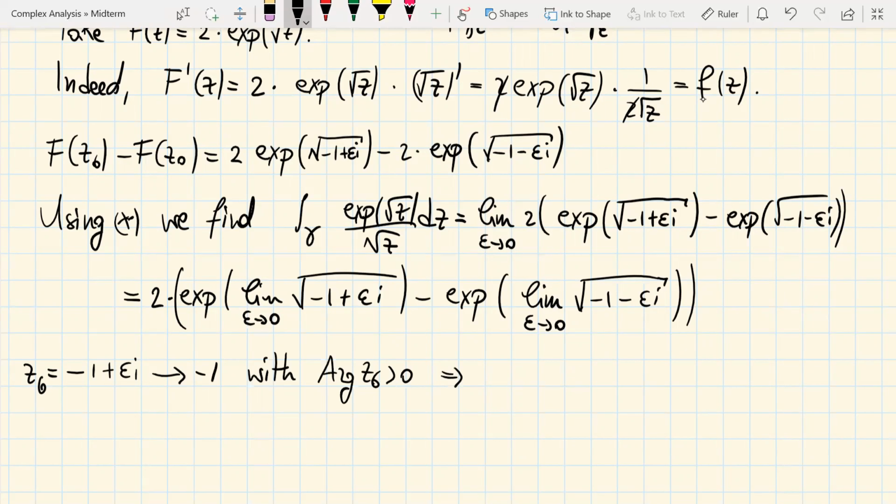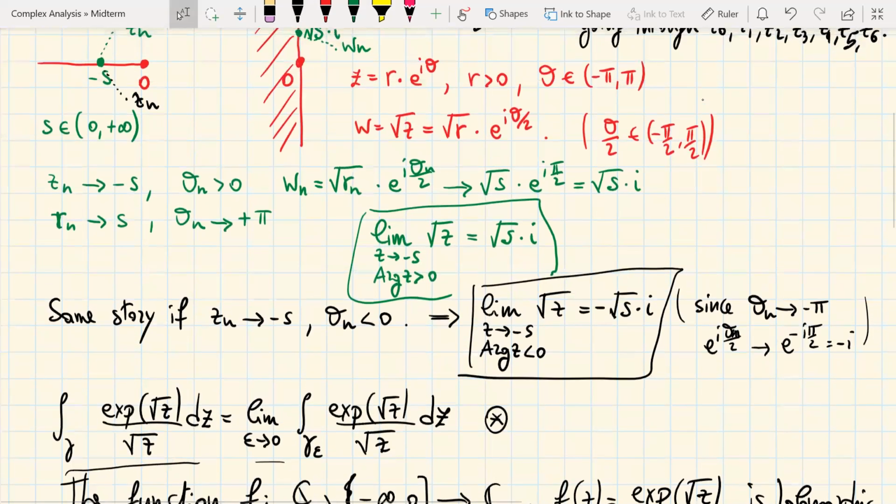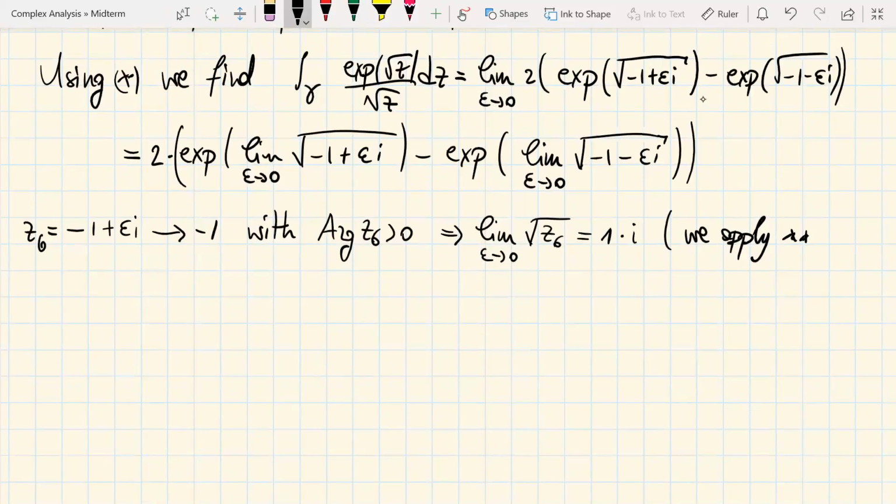So this implies that the limit for epsilon going to 0 of square root of z6 is equal to 1 times I. Also, we apply the formula up here. This formula here, let's call it star star, with S equal to 1.